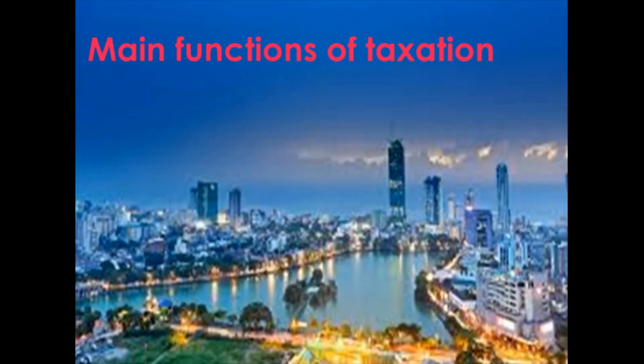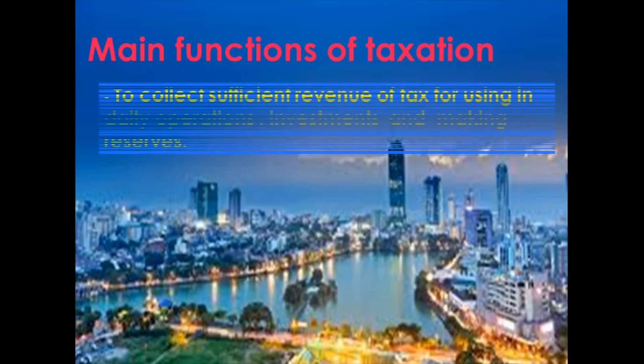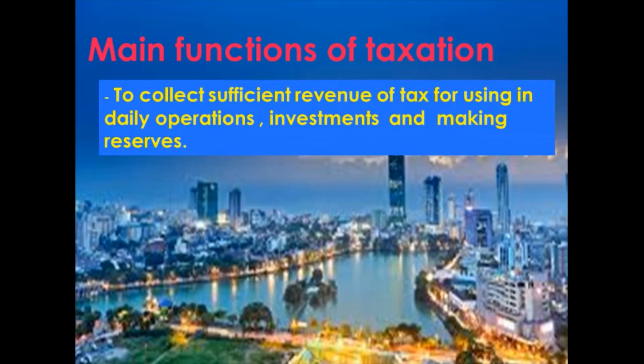Now we can learn about the main functions of taxation. As we have already discussed, we have recognized three main categories of government functions. Here we are going to discuss the things that the government has to do generally. The first thing is to collect sufficient tax revenue for use in daily operations, investments and making reserves.